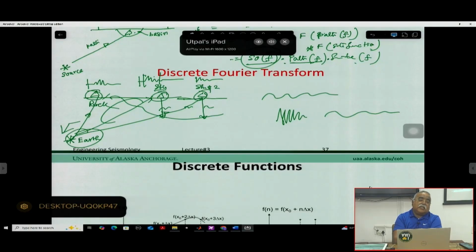But the question is this: if your source is a certain type of impulsive source, then your signal will be different because your source part is different, right? But if it is an earthquake, then also you can see it here.